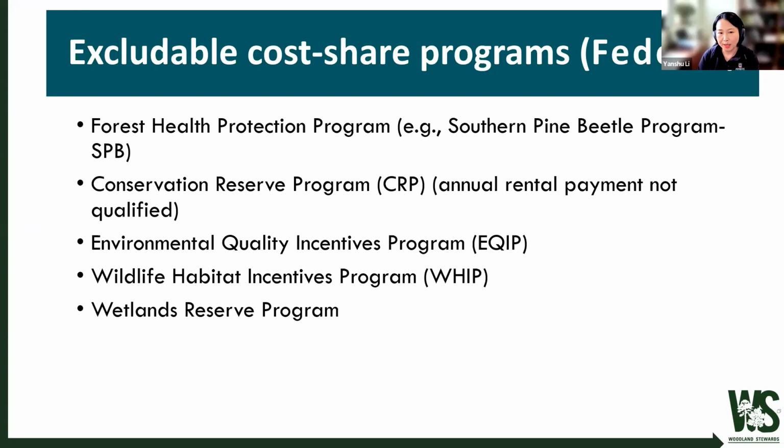So if you just receive the annual payment for using your land to conserve, those are not qualifying payments. You need to include them in your income and pay ordinary income tax on those annual rental payments. And EQIP is another popular federal program.